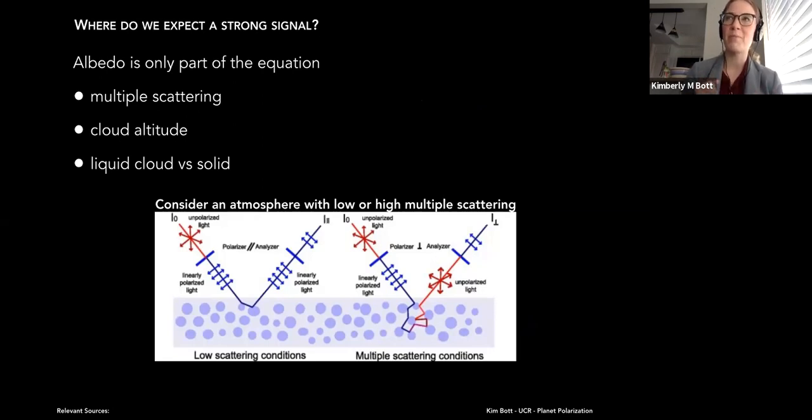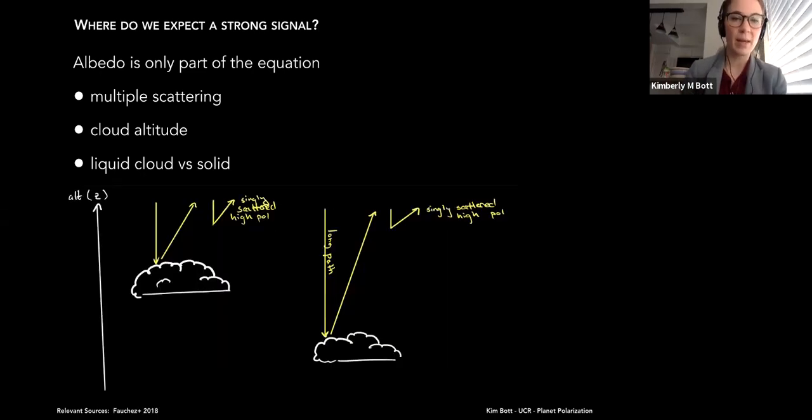But if it's ping-ponging around and being multiply scattered, that's going to randomize the polarization, and you're going to end up with a net unpolarized light signal by the time the light re-emerges from the atmosphere. And that, of course, is related to your cloud top altitude. If you have a longer path for a cloud lower in the atmosphere, you're more likely to encounter multiple scattering. So that's also something to consider.